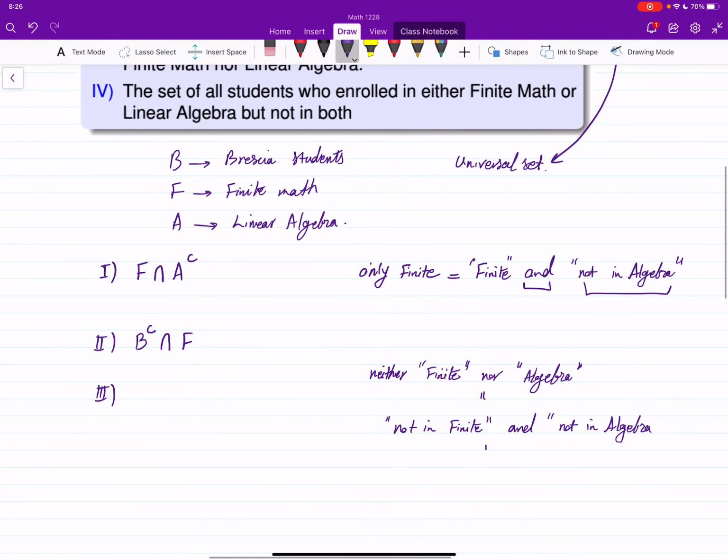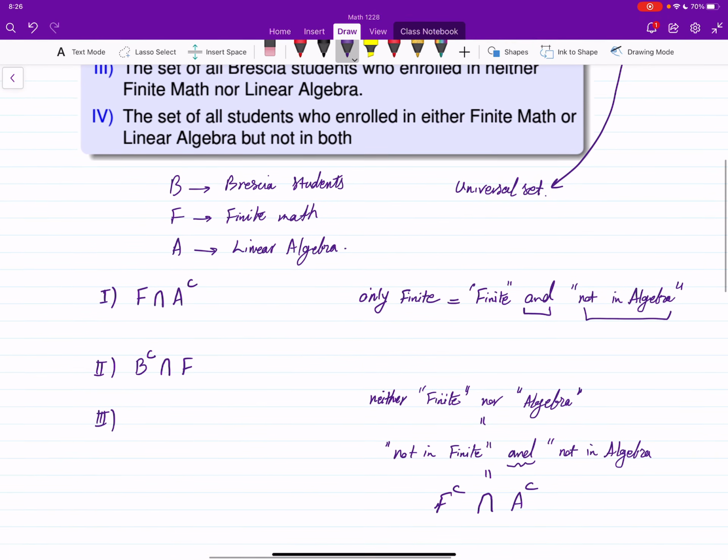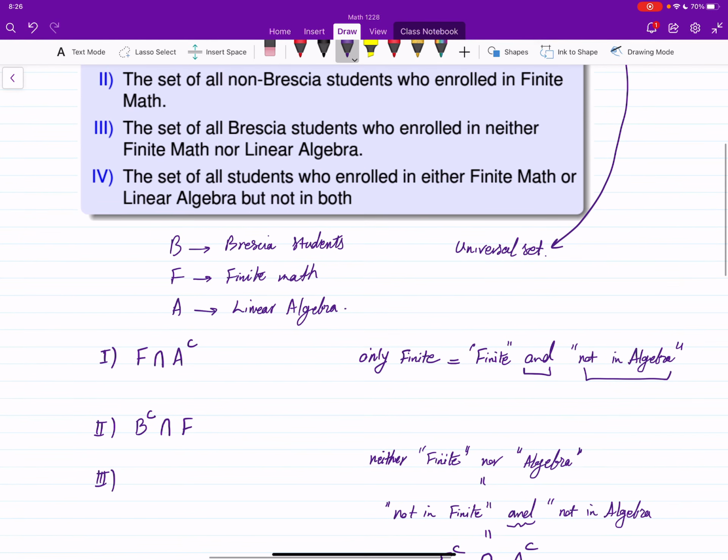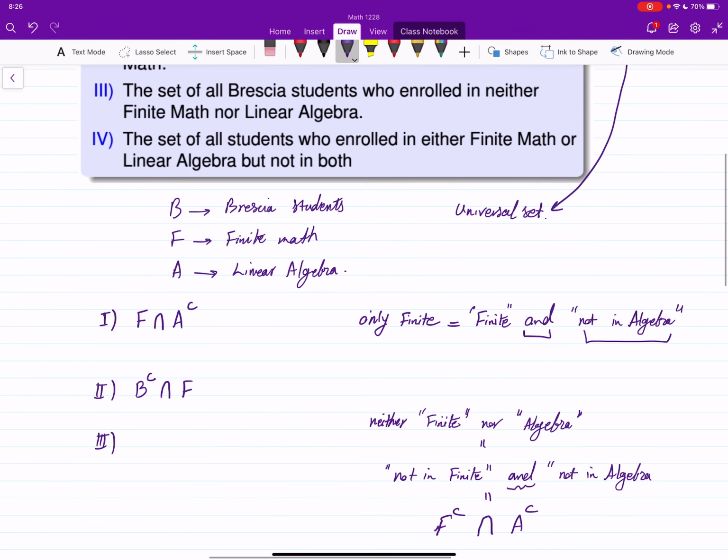And not in finite is F complement. Not in algebra is A complement. And here "and" means that you find the intersection. But what are we looking for here? It says the set of all Brescia students who are enrolled in neither.